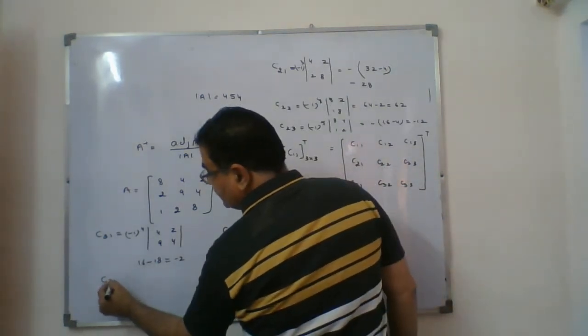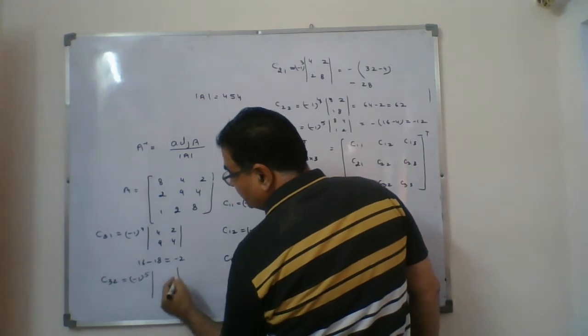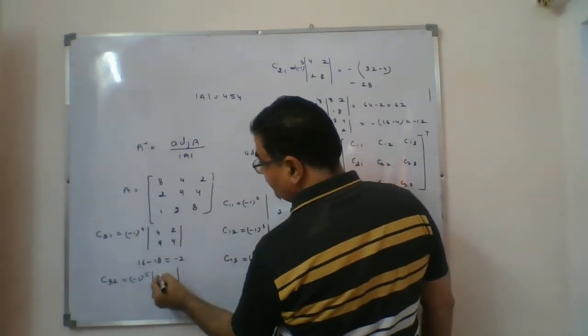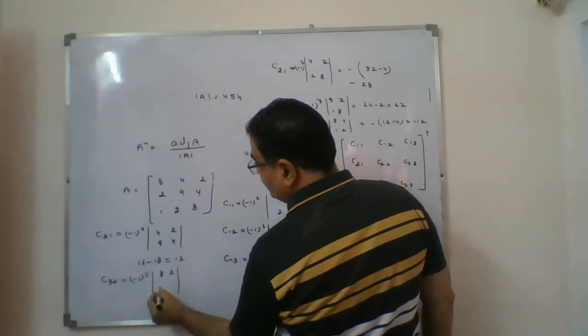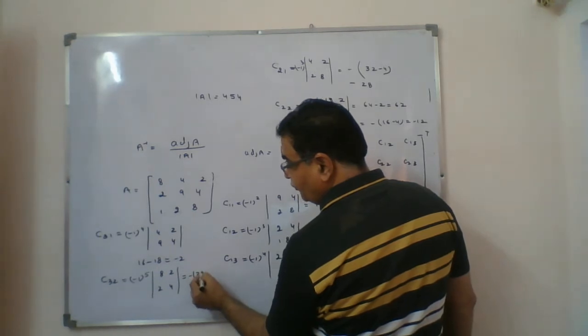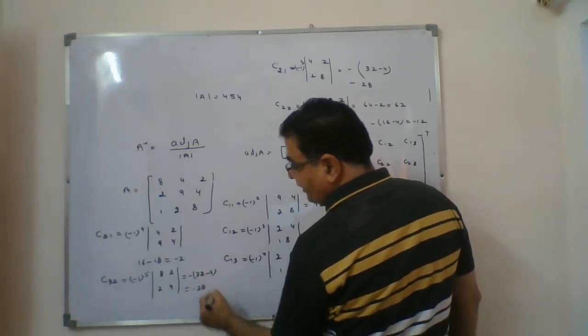Then we go for C32, minus 1 power 5. Here you leave this, it will be 8, 2, 2, 4. Then it will be 32 minus 4, so minus 28.